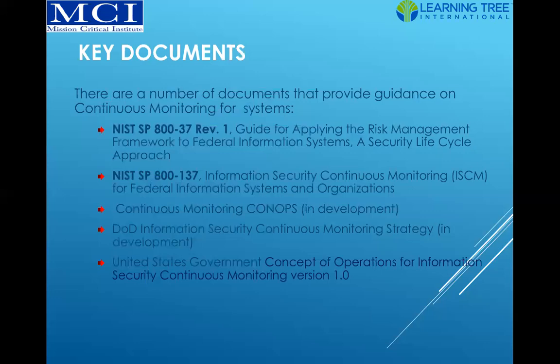That's the big one. That's the one that says everything about it. Well, that's the introduction to the risk management framework. NIST Special Publication 800-137 is the information security continuous monitoring for federal information systems and organizations. As you can see there, there's that acronym ISCM that you'll see over and over again for continuous monitoring.